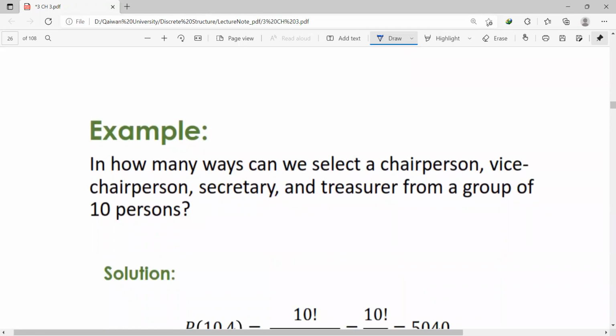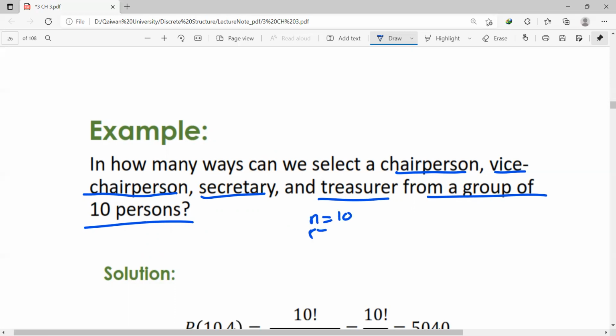It says, in how many ways can you select a chairperson, vice chairperson, secretary, and treasurer from a group of 10 persons? That means here n is 10, r is, we have 4 positions. Yeah, n is 10, r is 4.